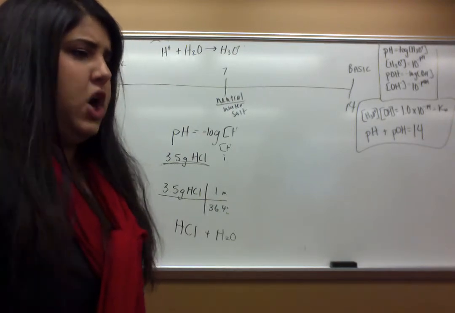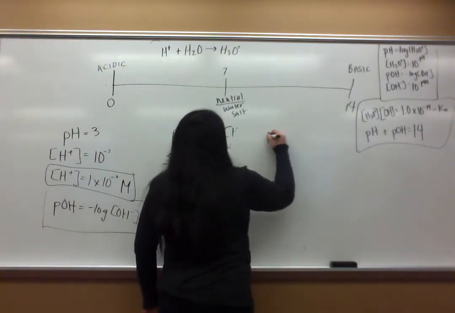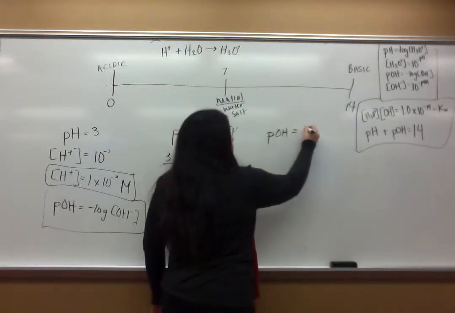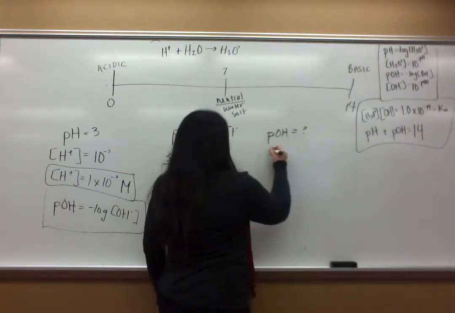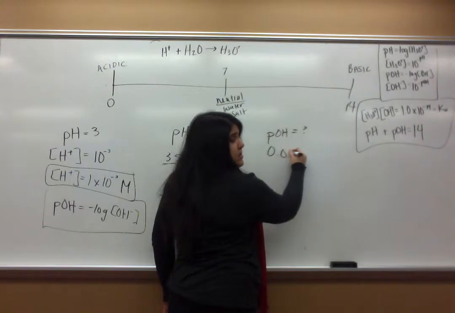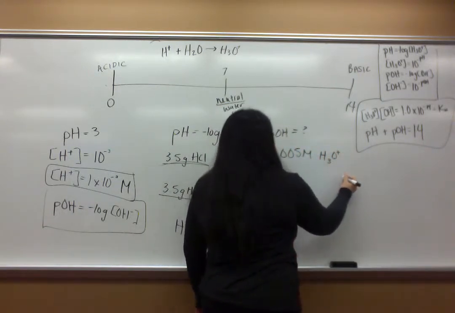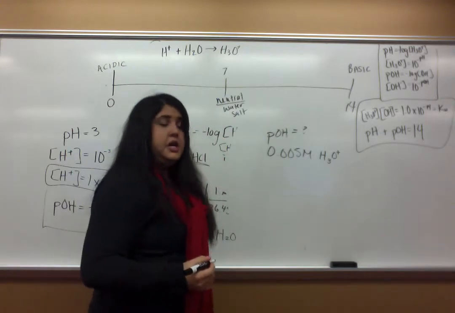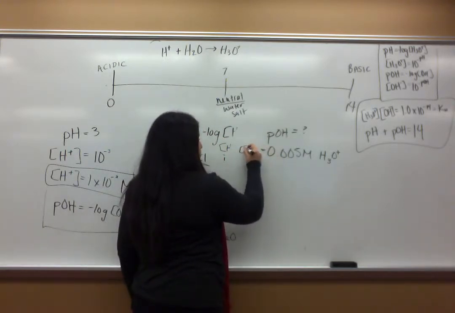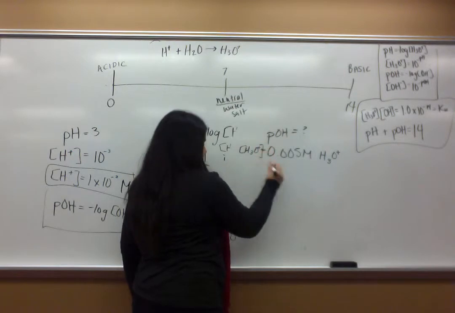What would be the pOH of a solution, a 0.005 molarity H plus, or I'm going to write it as H3O plus solution? So I've got my concentration of H3O plus.